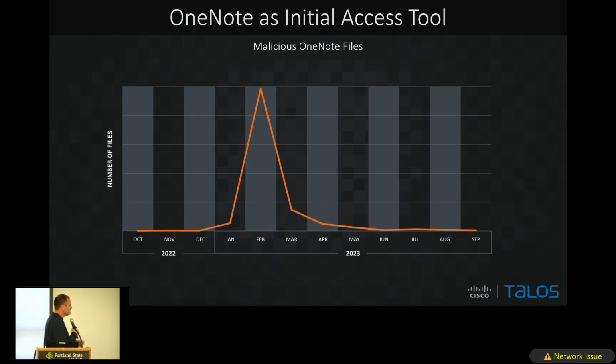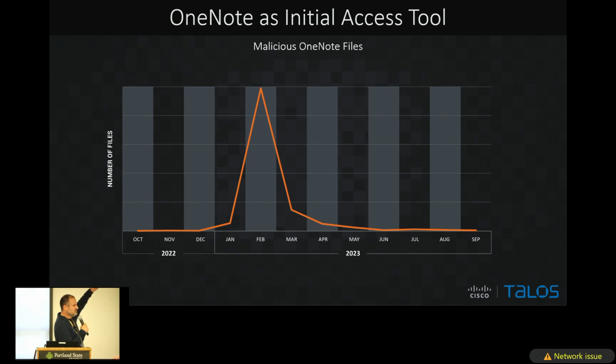These are, again, samples from VirusTotal that are considered malicious. I put here a limit of at least 10 detections for the samples in VirusTotal to make sure that they were really malicious, because there are a lot of OneNote files that end up in VT. But we can see that around January, February, March, we have a huge spike in the usage of OneNote as a delivery mechanism for malware.